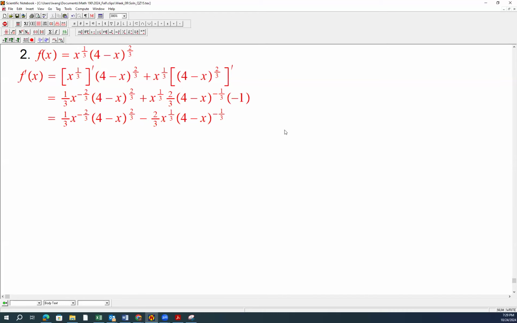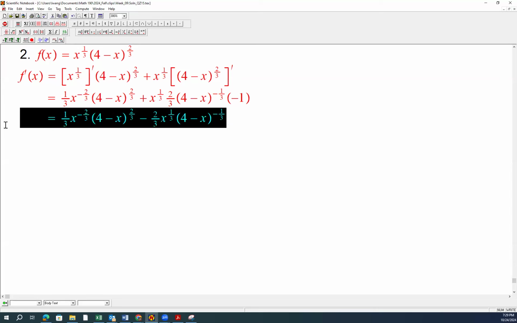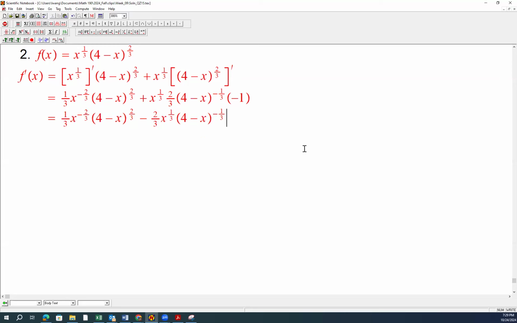Okay, and then the common rule of thumb, as we understand it, is that we're going to factor. The way I taught in class was to factor. Some of you really got it, but some others may have found it a little difficult.